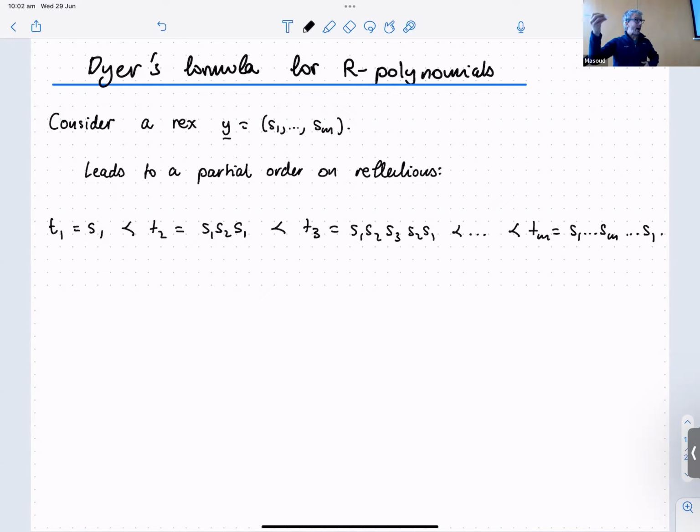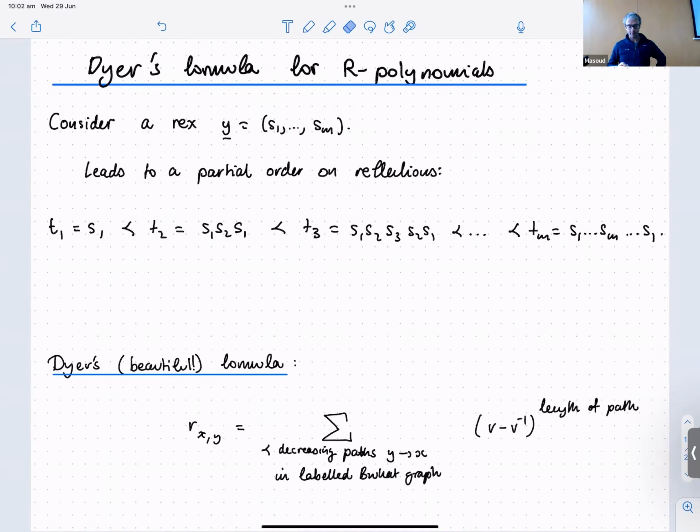So I get this order: T1 is less than T2 is less than T3 is less than Tm. Now this order, which appears with time, turns out to have miraculous properties. So Dyer's beautiful formula is this: it stays entirely in the interval between X and Y, and I look at paths from Y down to X which are decreasing in this funny order that I just wrote above.